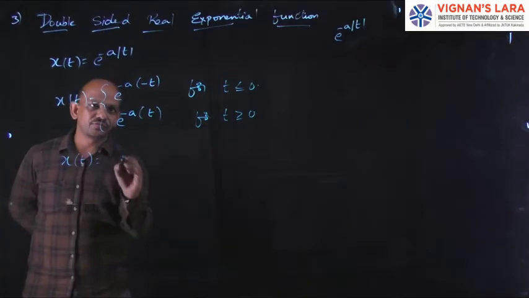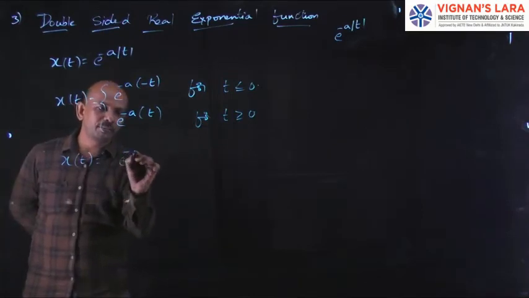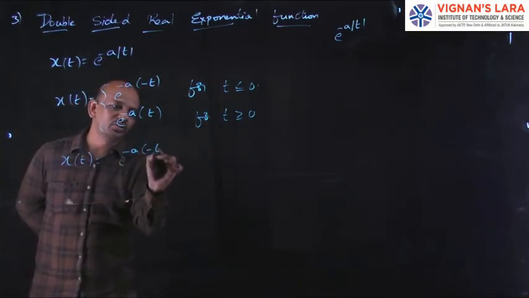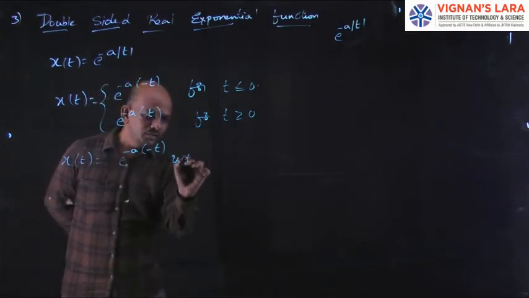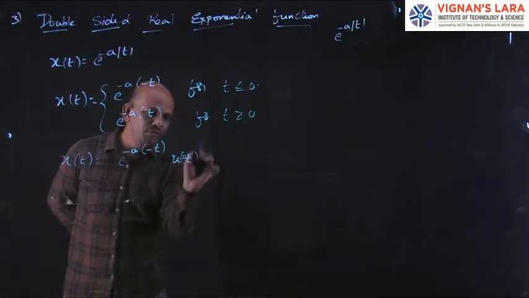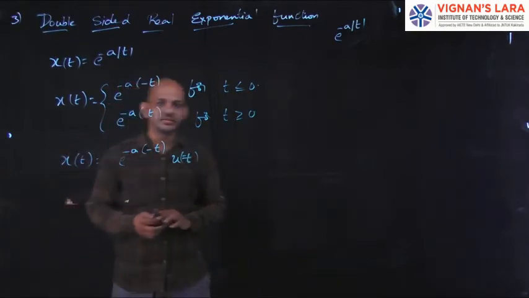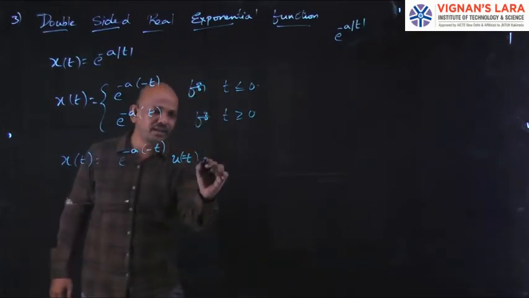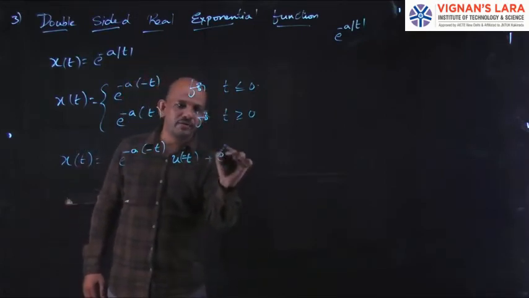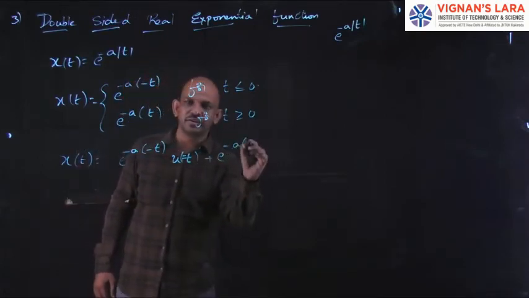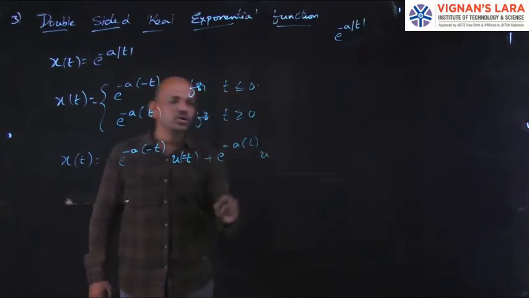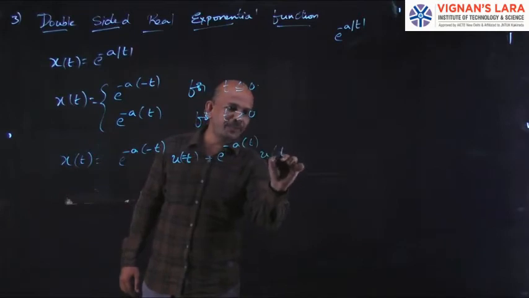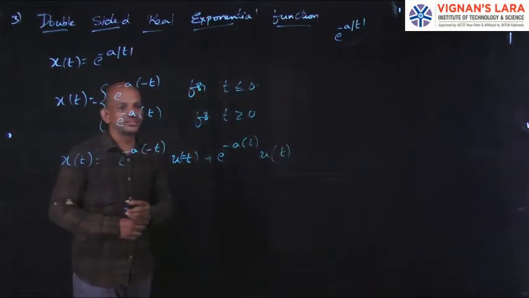See, x of t equal to e power minus a into minus t into u of minus t, okay, plus e power minus a into t into u of plus t, okay.